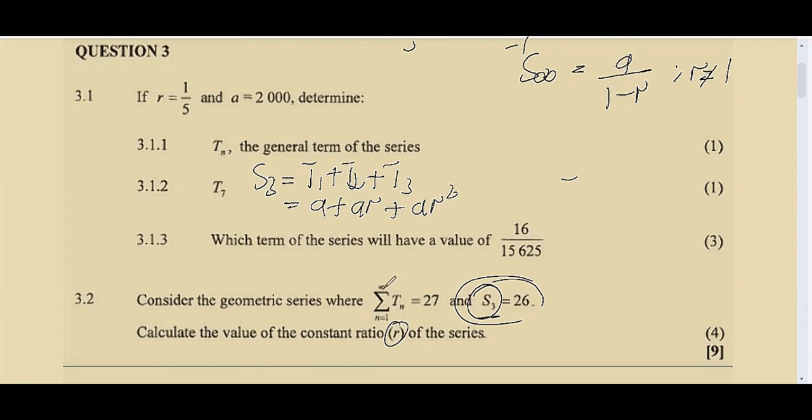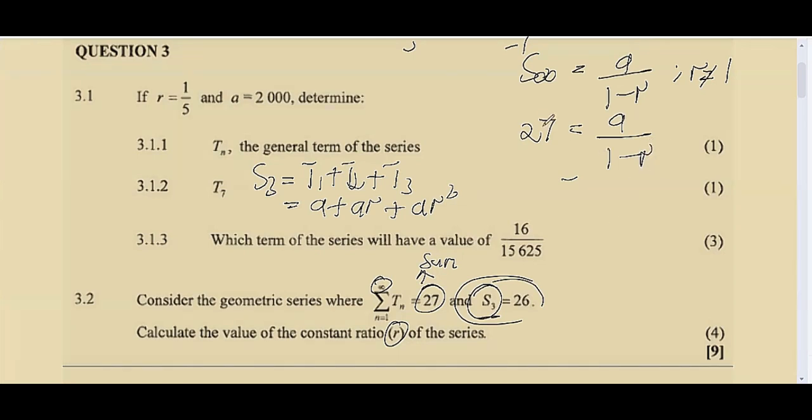Now the sum to infinity we've been given is 27. Because we have infinity here, this means the 27 is our sum to infinity. So we should substitute it here. We have 27 is equal to A over 1 minus R.